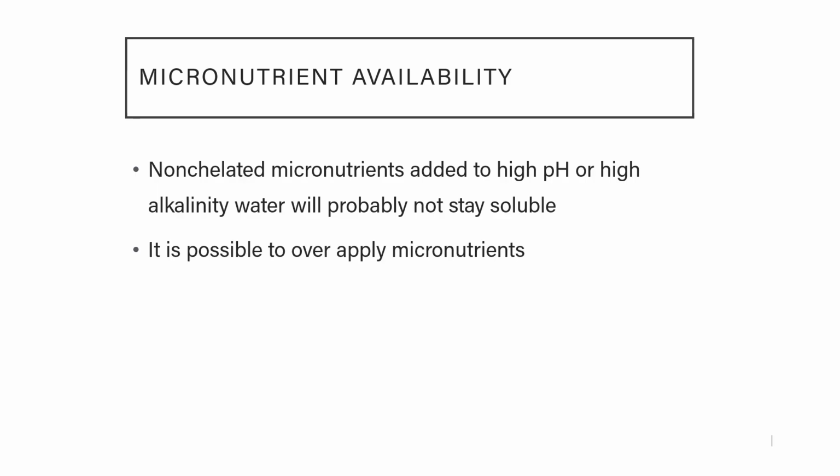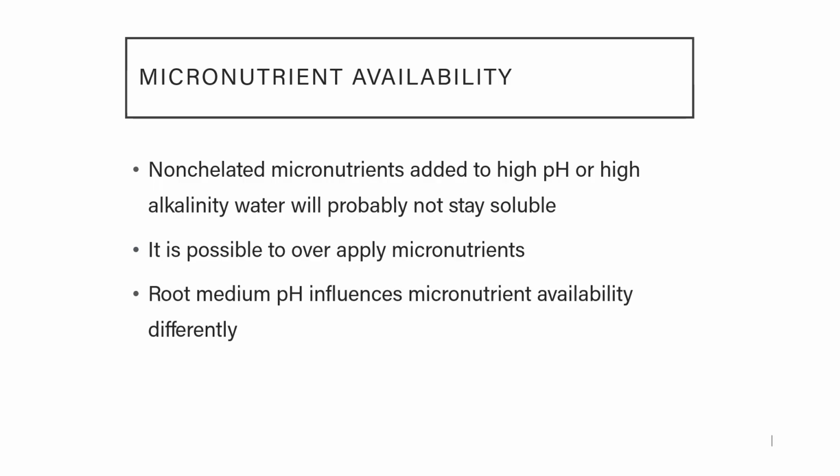So a little bit about micronutrient availability. It's really easy for micronutrients to be overapplied because they are needed in such small quantities. And generally speaking, micronutrients are going to be much more susceptible to slight changes in pH.